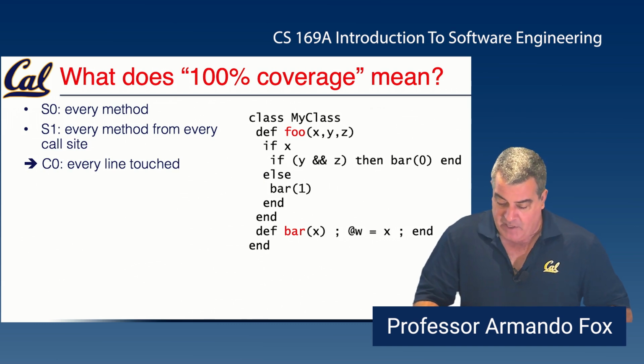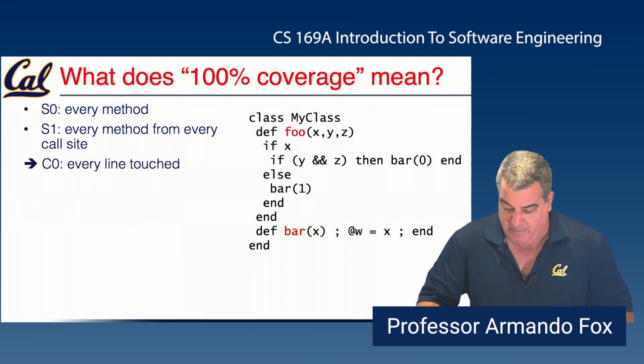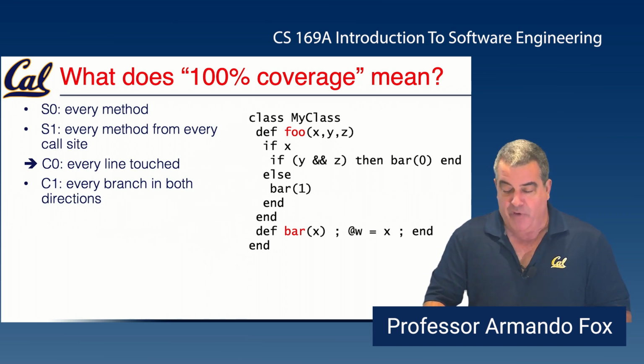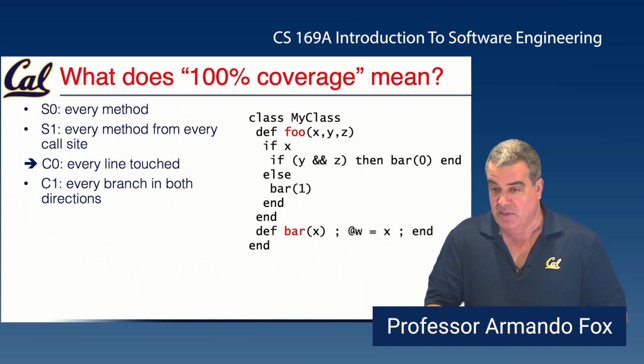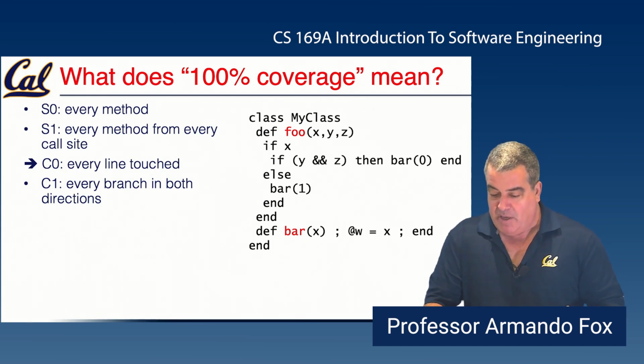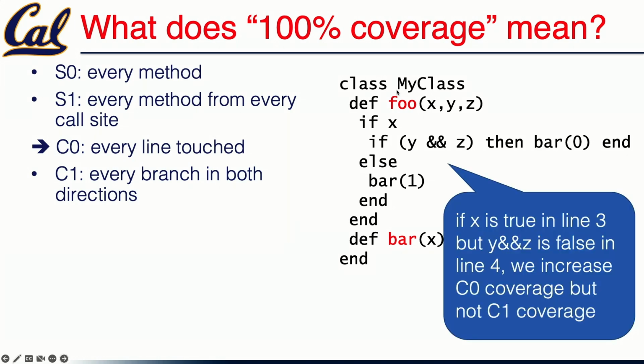But even that is not necessarily always the right measurement, because, for example, C1 coverage says every branch is taken in both directions. Now you would think, well, wait a minute, if every line of my code is touched, doesn't that mean every branch had to be, at some point, taken in both directions? Not necessarily, because imagine a case where in line 3, X is true here, and so we execute this line.